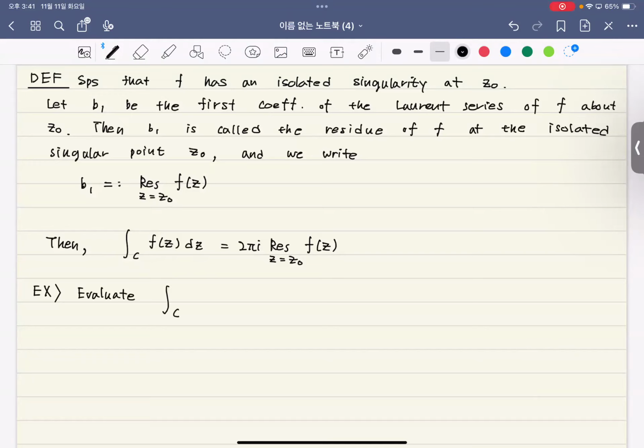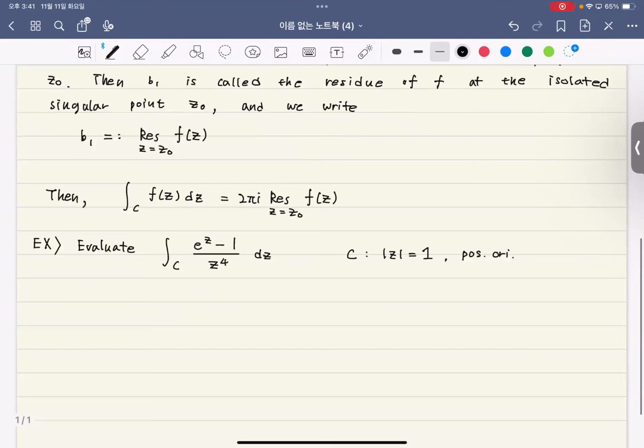I have a function, e to the z minus 1 over z to the fourth, dz, and C is a circle of radius 1 centered at the origin, and we are assuming that it is positively oriented. In other words, this is counterclockwise orientation.